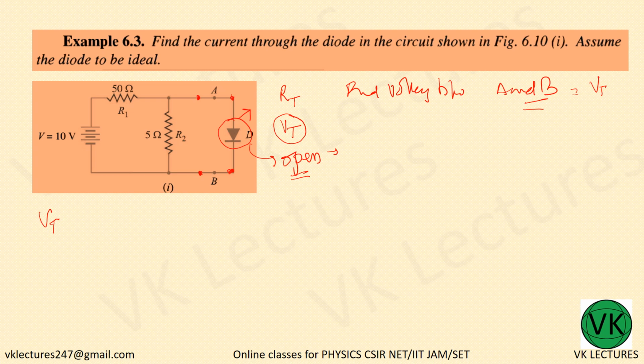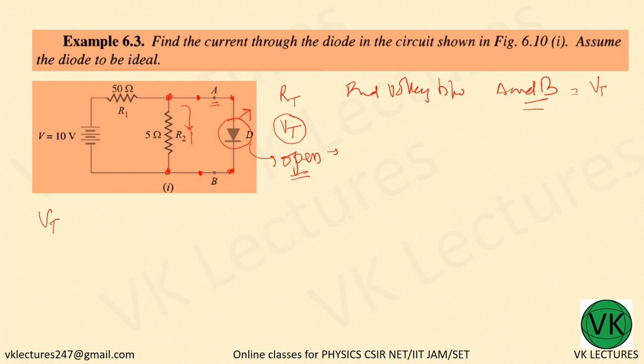Okay, let us find out what is that. Now, the voltage across AB is nothing but voltage across this R2, which is 5 ohm. Okay, to find out this voltage across R2, we want current across this resistance.